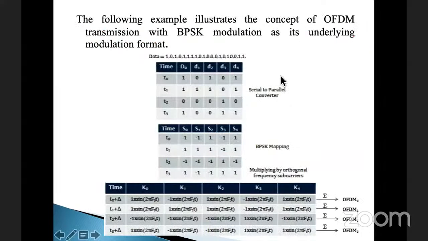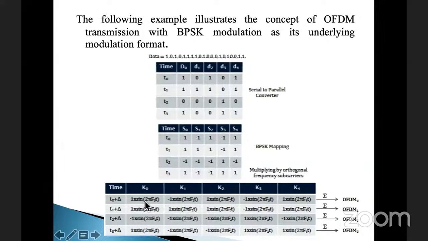So if I am doing a BPSK modulation scheme, my data comes in at different intervals of time, T0, T1, T2, T3, and I wait at the serial to parallel converter, because I'm using 4 carriers. Onto these 4 carriers, I port my data symbols using a BPSK stream.